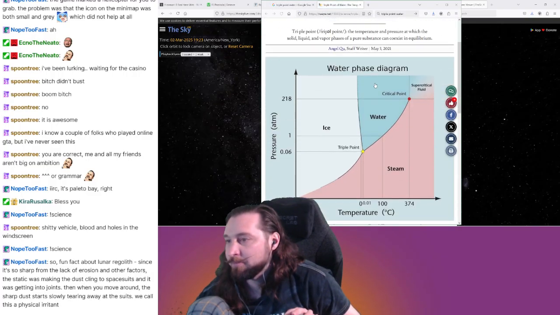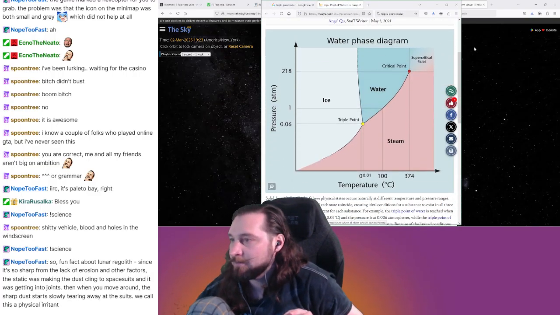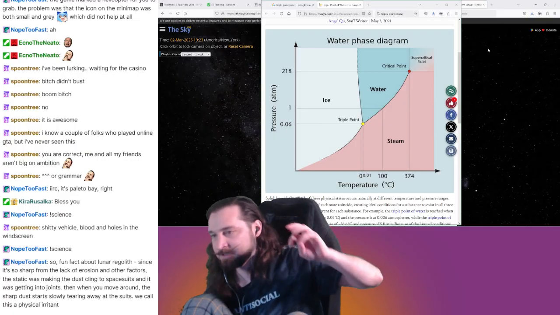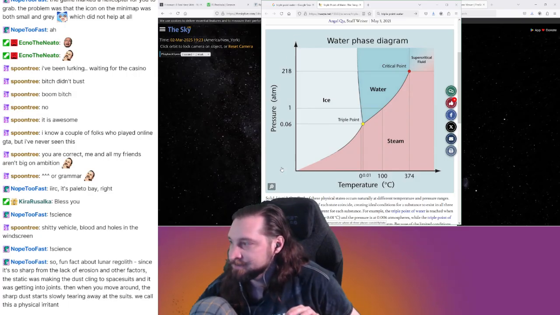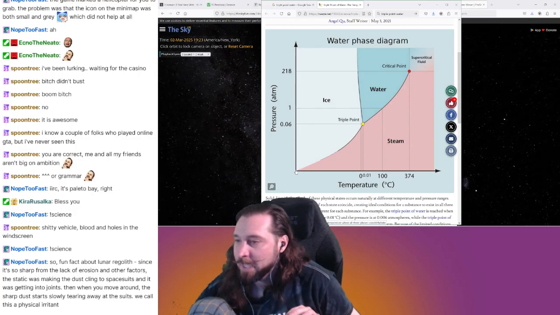Okay. Triple point is how we assess materials. Your y-axis here is your pressure. So you're going to be down at the bottom here, 0 pressure. And then temperature goes to the right.